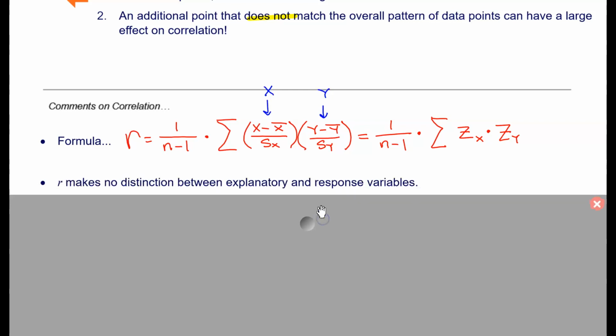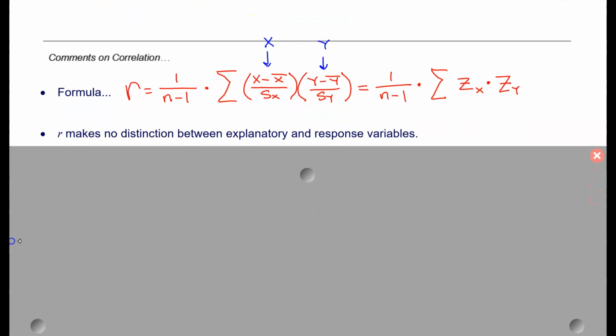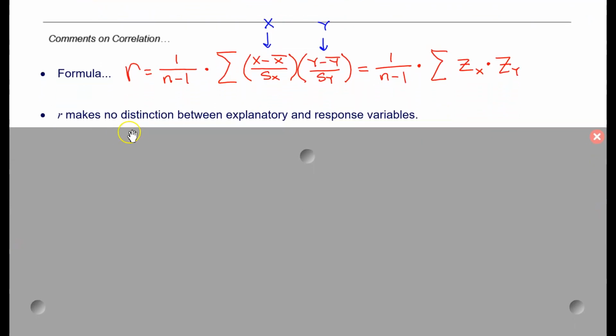Okay, some more comments on correlation. Correlation R makes no distinction between explanatory and response variables. In fact, if I reverse those variables and make the y coordinates the x coordinates and the x coordinates the y coordinates, I should have the exact same correlation.